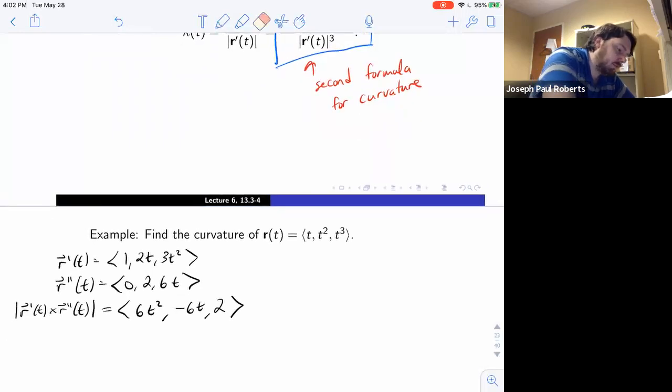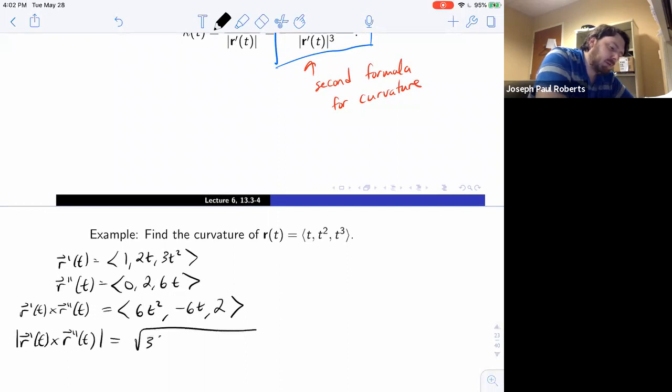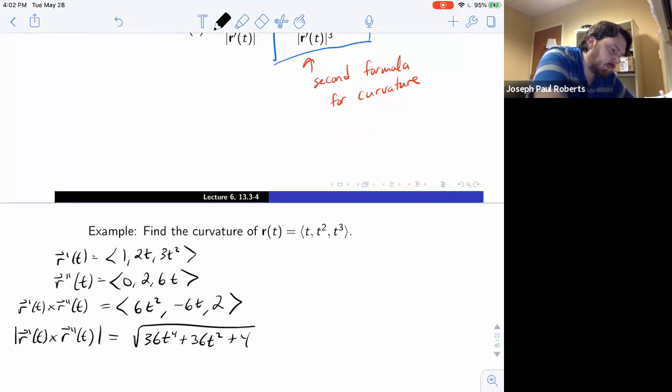And that's the cross product. Sorry, that's not the length. The length of the cross product is then the square root of 36t to the fourth plus 36t squared plus 4. And then the length of r prime of t we saw before was the square root of 1 plus 4t squared plus 9t to the fourth.